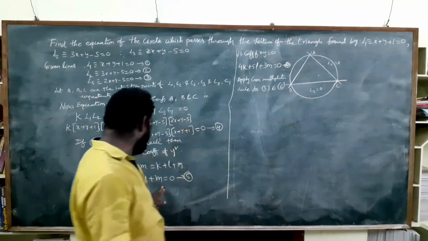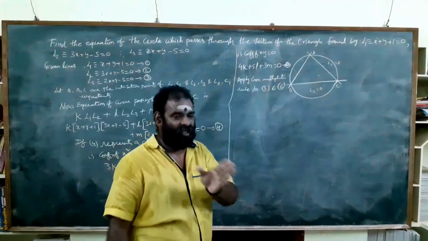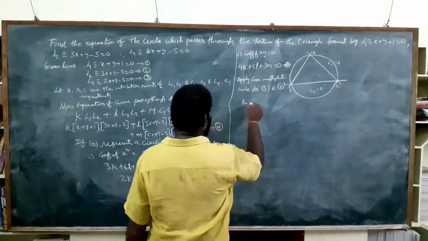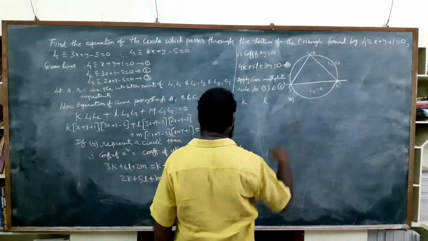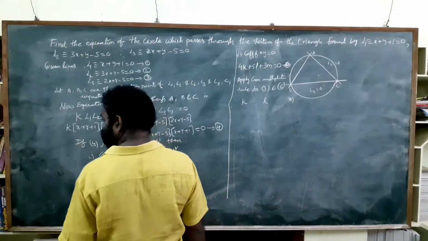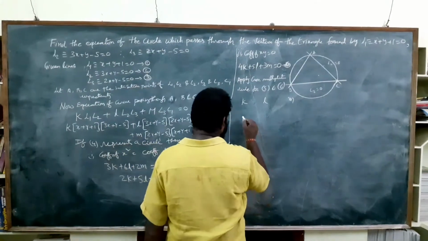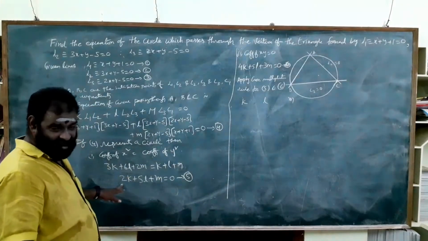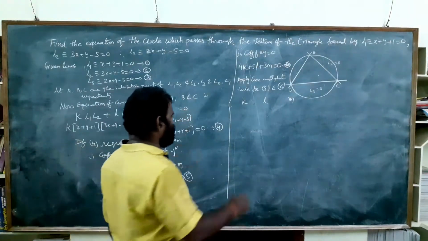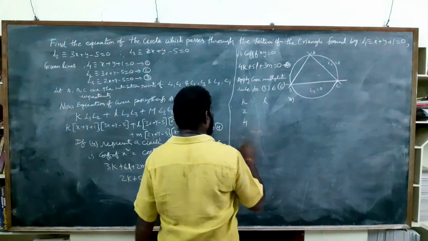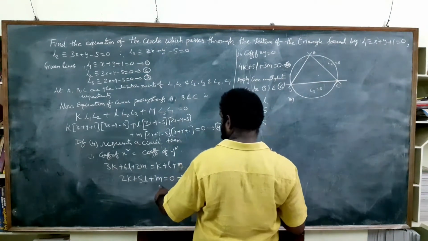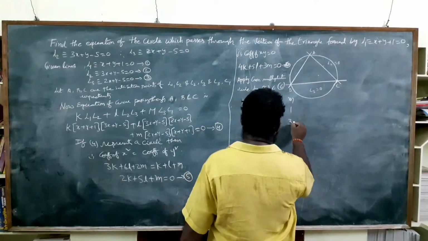So for this 5 and 6, we have to apply cross multiplication rule where it has k, l, m. At the bottom of k we have to write k coefficients. Here is 2 and here is 4. And for l it is 5 and it is 5. And for m it is 1 and it is 3.